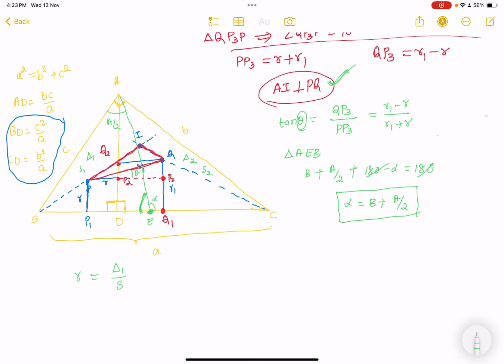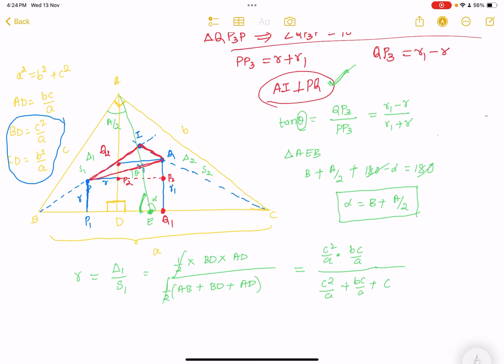So R is equal to delta 1 by S1. Delta 1 is half into BD into AD, divided by AB plus BD plus AD into half. This is the semi-perimeter. This half will get cancelled. So BD into AD. BD is C square upon A, into AD is BC upon A, divided by C square by A plus BC by A plus AD, sorry, AB.